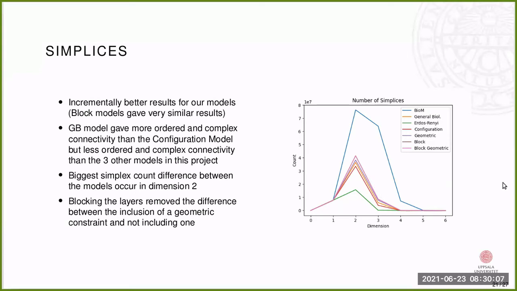And then sometimes the reverse happens, so the block geometric gave better results than the block model. But they both gave better results than the other models that we have created.